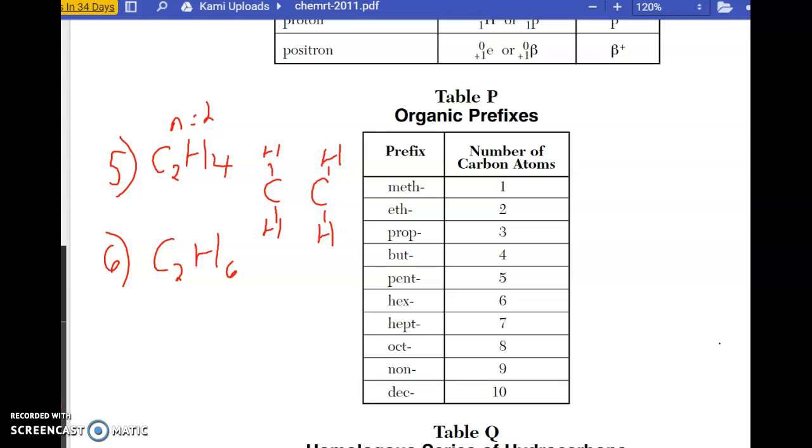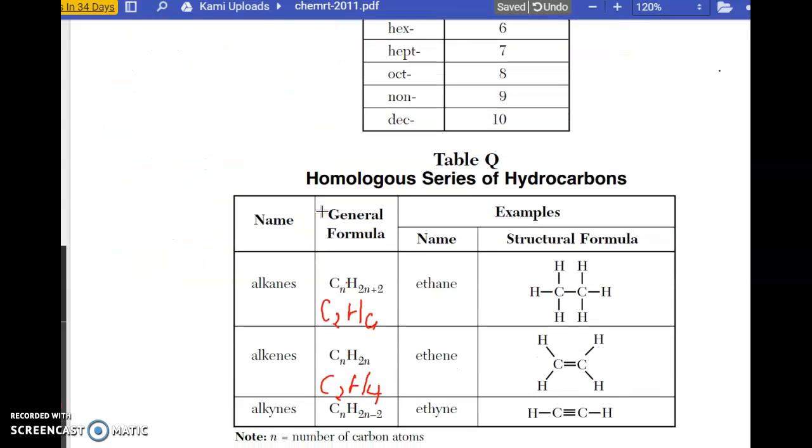And then you have to have 4 bonds around the carbons. Right now they each only have 2 bonds. You have 1 bond here and 1 bond here. So they're going to need to form at least 2 bonds to each other, which is what we expected because, again, we already said that it would be an alkene.